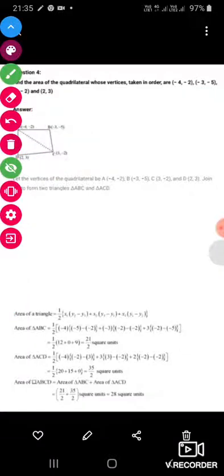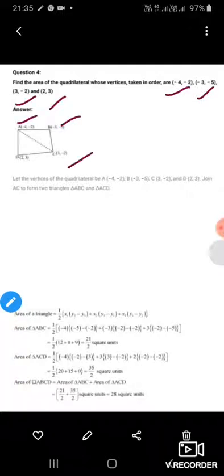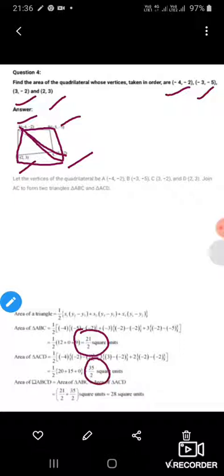Means first point is A, second point is B, then C and D, like this, and you will join the diagonal. After that you will get the area of this triangle, then the area of this triangle, and you will add up. Here if your answer comes negative, you make it positive and then add, as it was said in the starting explanation of the chapter.